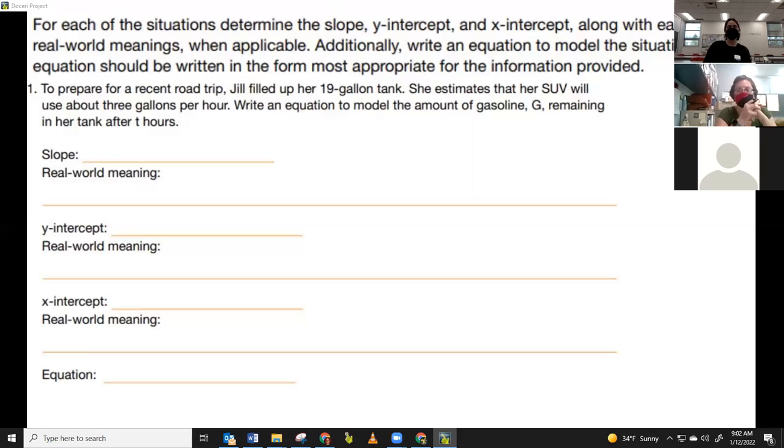You're welcome to unmute your mic or to type it into the chat. Read through number 1. We want to identify any information in this space right here that we think is going to be important so that we can answer these questions.